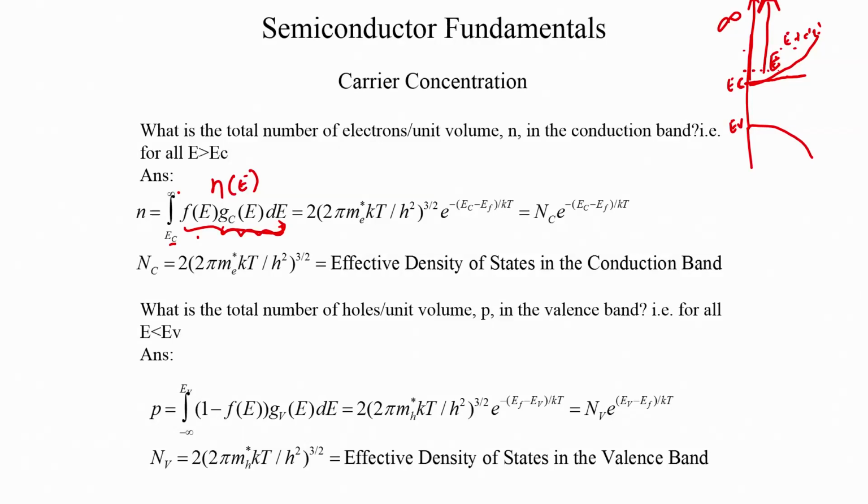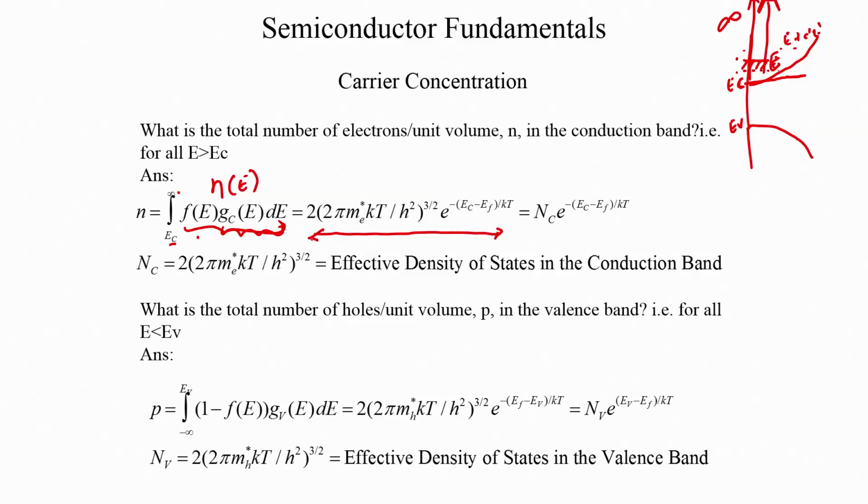So, if I were to sum all these electrons present in all these little bands from E to E plus dE, then I will get my total number of electrons in the conduction band. And if I make use of the Boltzmann approximation, and I perform this integral, you will end up with a term that looks like this.